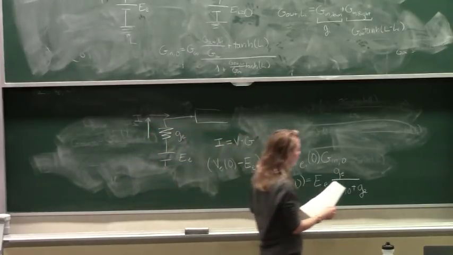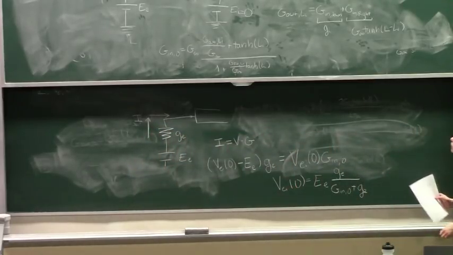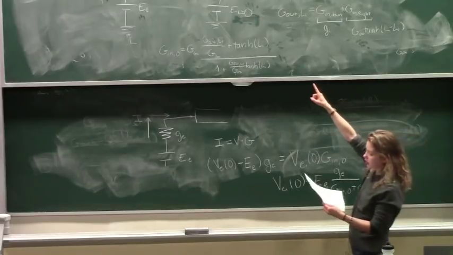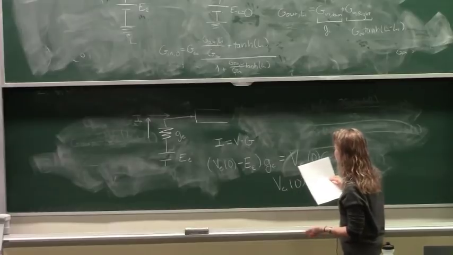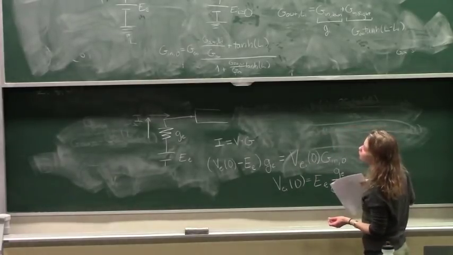So now we have VEI of 0, and then we can find VEI at point Li. And then that's just plugging in the formula.